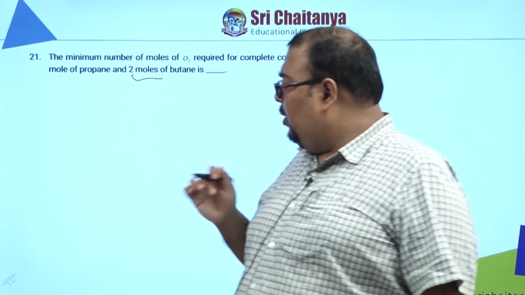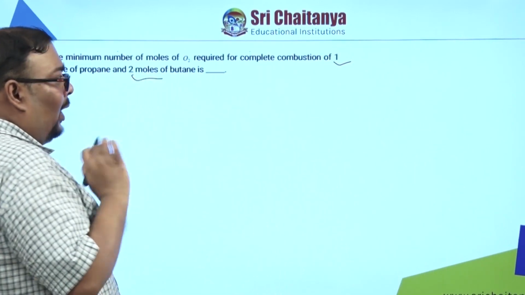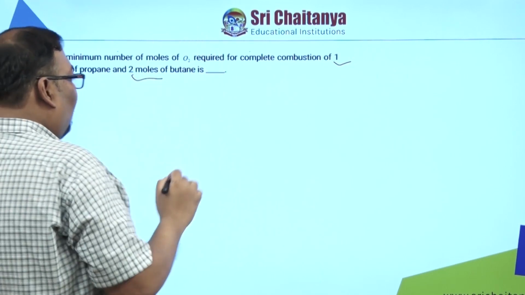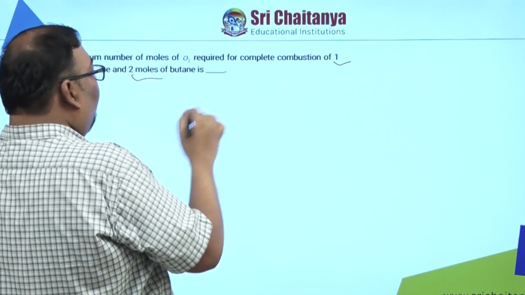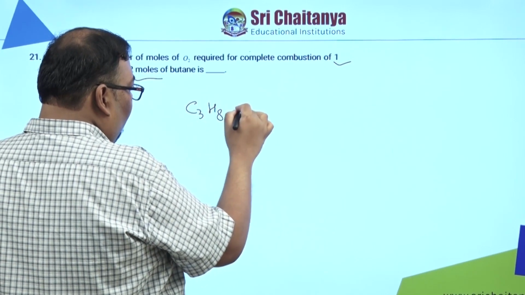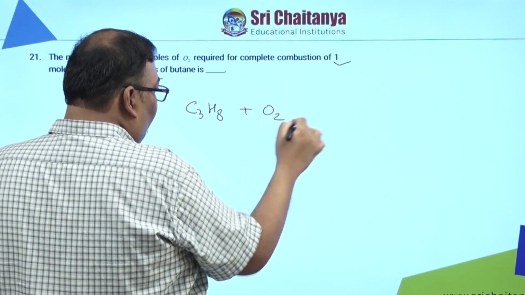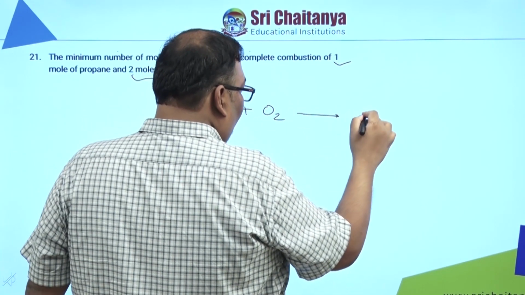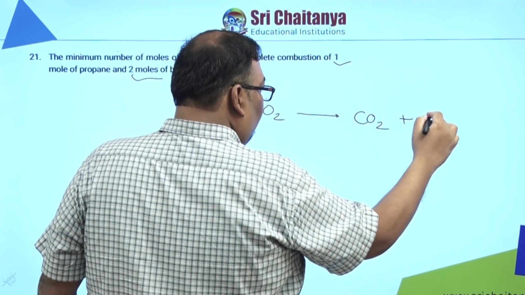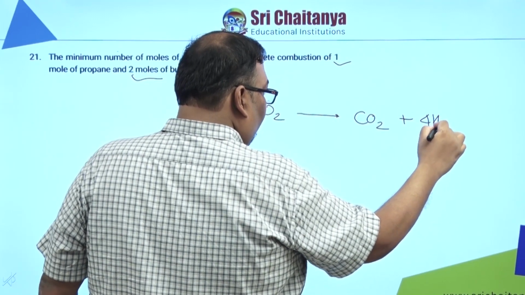So we have to write the equations for combustion of propane and butane. Let us write it. Propane is C3H8 plus O2, and you will be getting CO2 plus H2O.